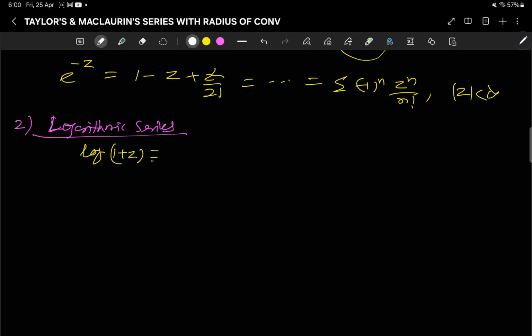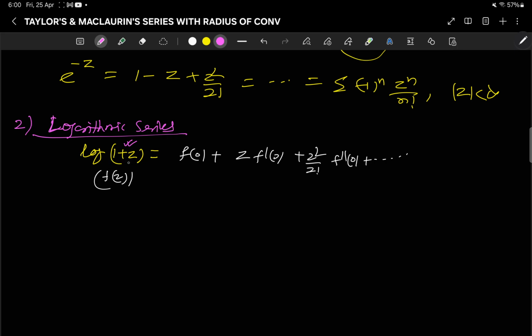If you expand it as f(z), you find f(0) plus z f'(0) plus z squared by factorial 2 f''(0), and in that way you continue. You see this is not analytic when 1+z is 0, because log 0 is not defined. So at z equal to minus 1 it is not analytic.